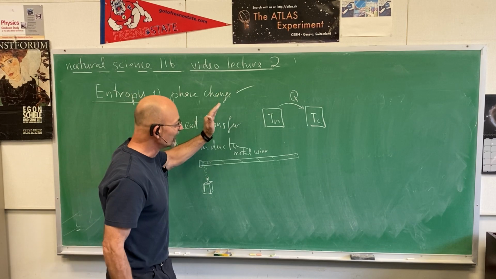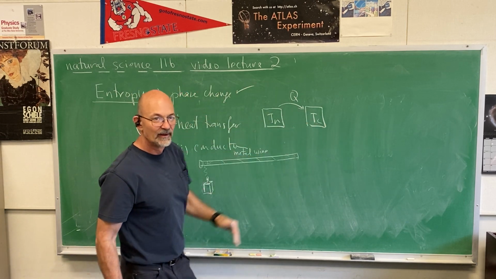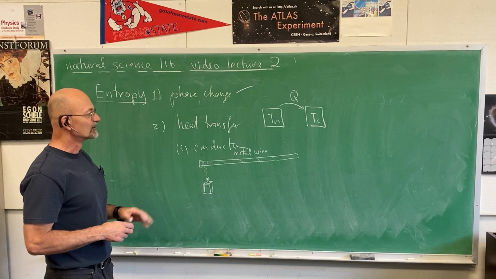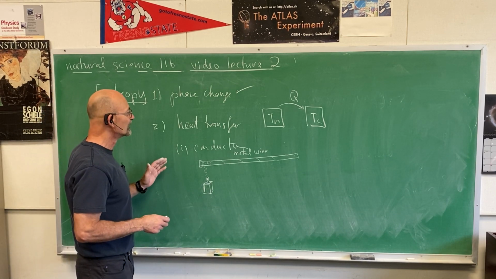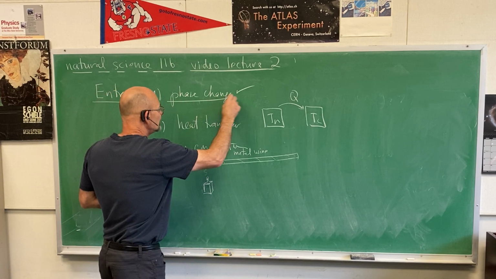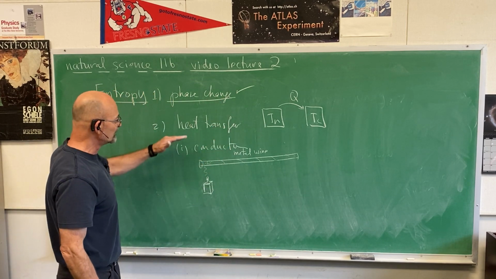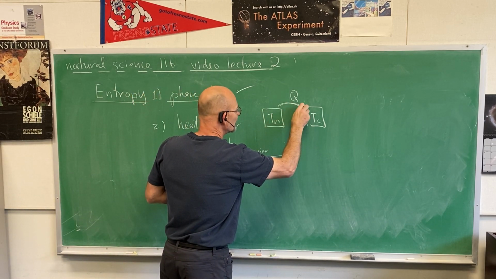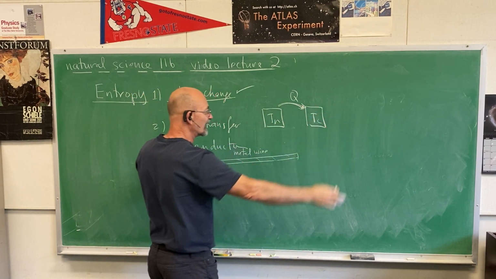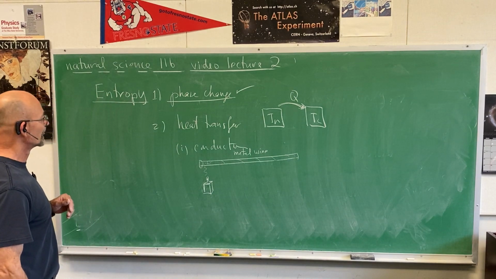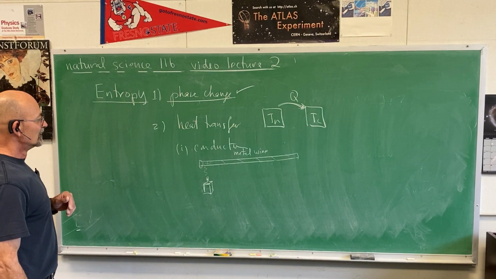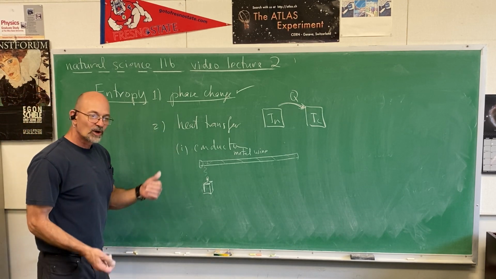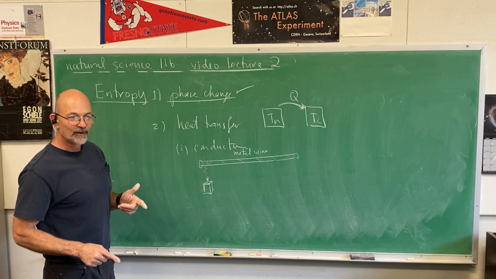So the direction of heat transfer is the direction of disorder increasing as well. The disorder increases as you do a phase change, but you don't even have to do a phase change. As the heat is transferring, that's the direction, and this corresponds to disorder increasing. So you got the heat transfer example as well, conduction, and it'll work with convection and radiation the same way.